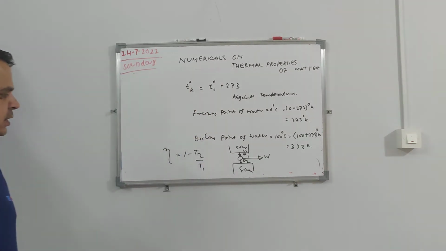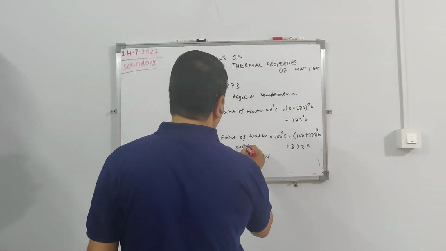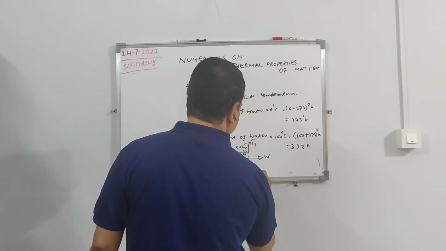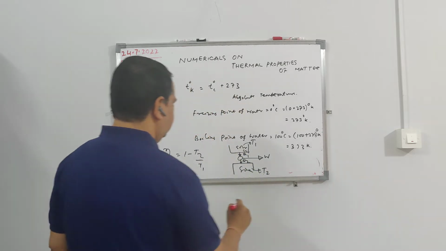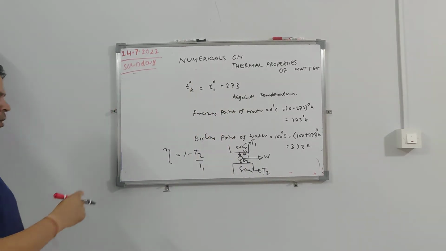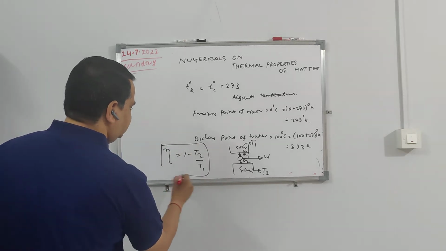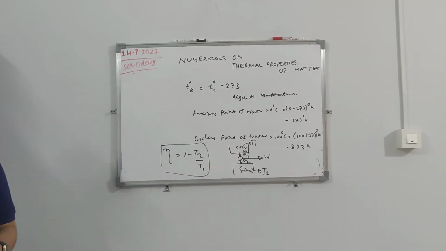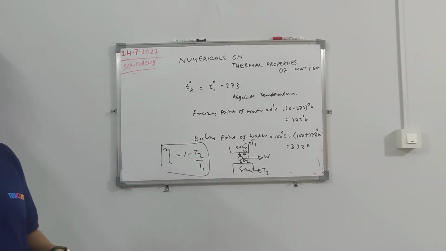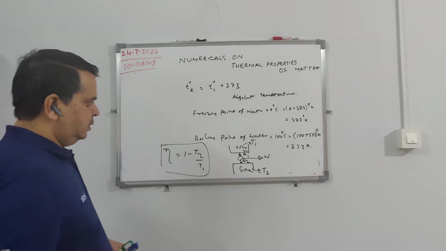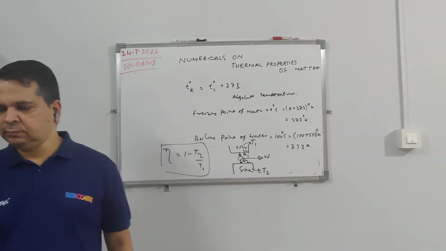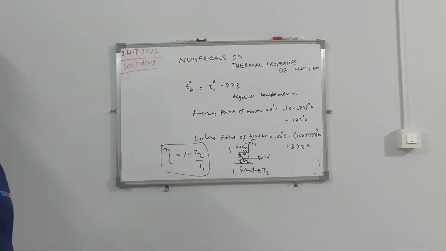So here the source temperature is T1, sink temperature is T2. Before finding out the efficiency, you have to convert these temperatures to absolute temperature in Kelvin scale. After that, you find out the efficiency. So that's about conversion from degree centigrade to Kelvin.